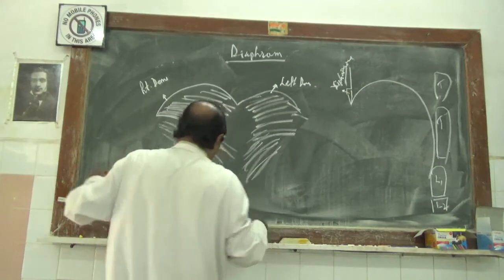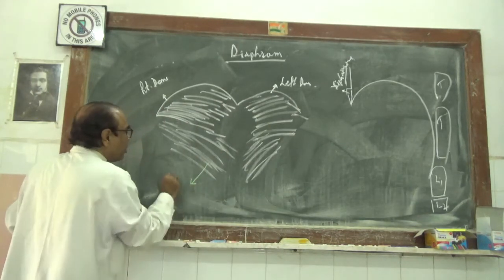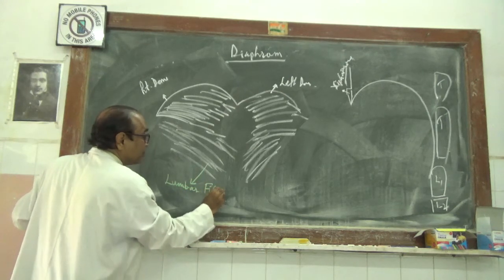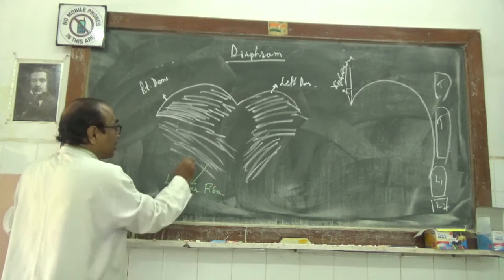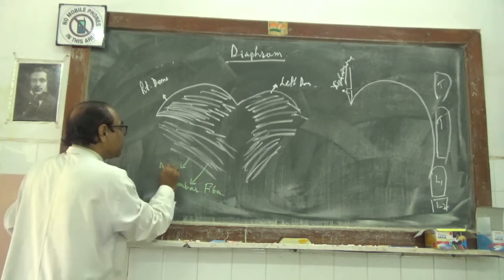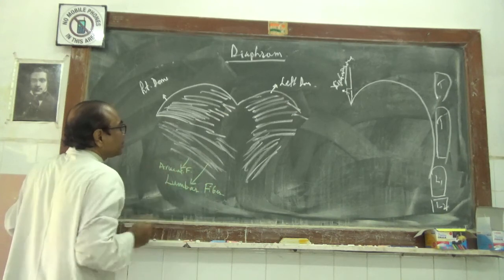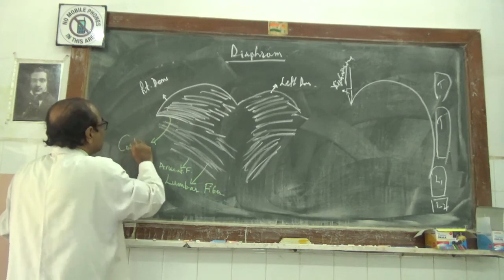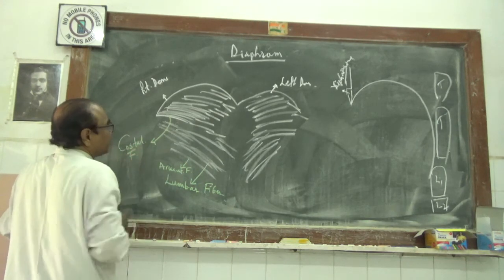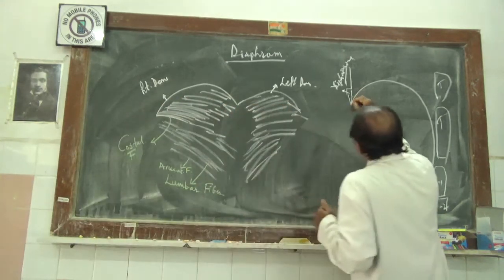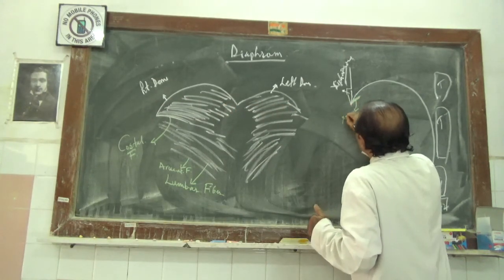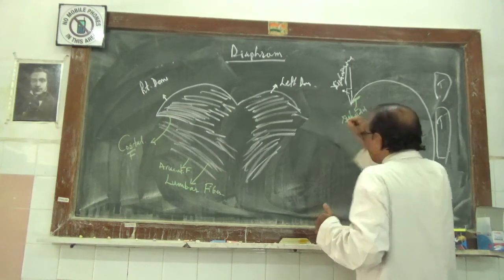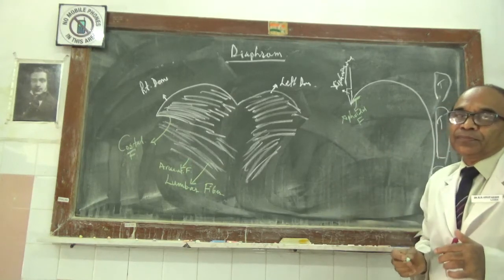Those subdivisions are the lumbar fibers, then the arcuate fibers, then the costal fibers, then the xiphoidal fibers. So these are the things.